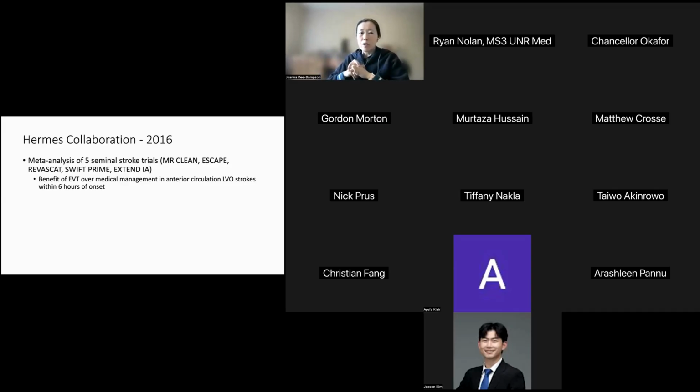The HERMES collaboration is a meta-analysis published in 2016, looking at five seminal stroke trials: MR CLEAN, ESCAPE, REVASCAT, SWIFT PRIME, and EXTEND-IA. Combined, the data showed a benefit of endovascular thrombectomy over medical management alone in anterior circulation large vessel occlusion strokes within 6 hours of onset of stroke symptoms.